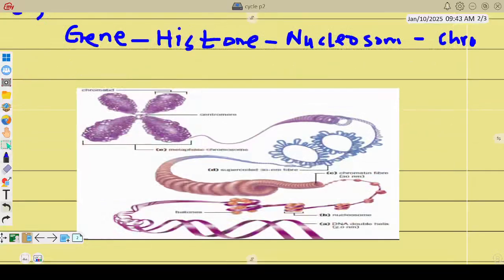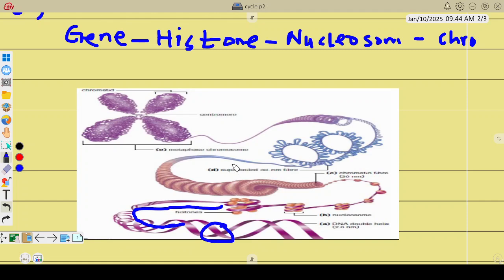So just for you to appreciate more, this is the DNA double helix. This is just a diagram for me to explain to you. So the DNA, which are the genes, together they'll go and wrap on the histones.